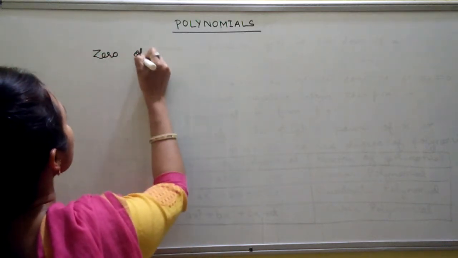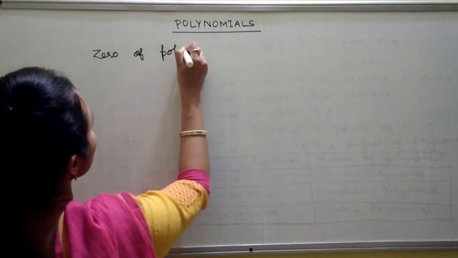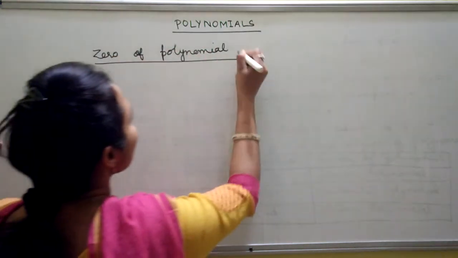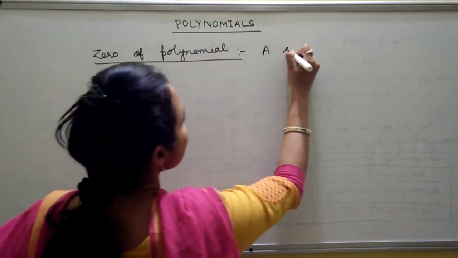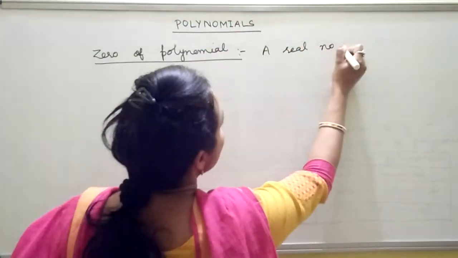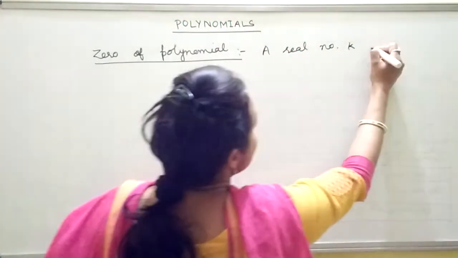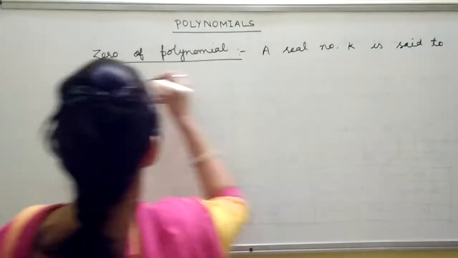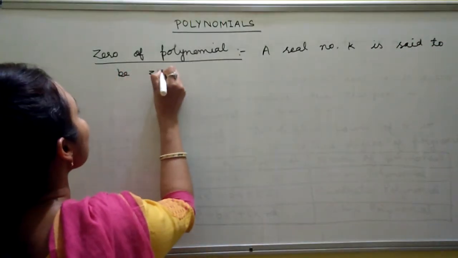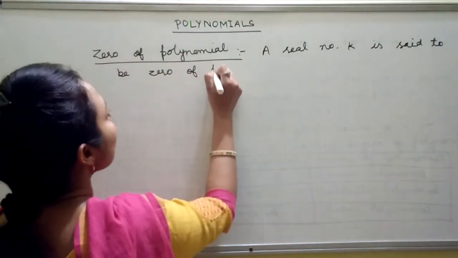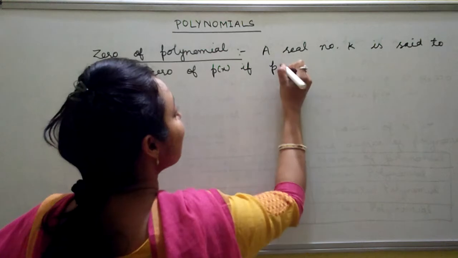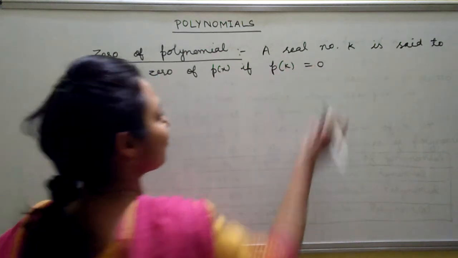What is a zero? A real number k is said to be a zero of p(x) if p of that number, p(k), is equal to 0.